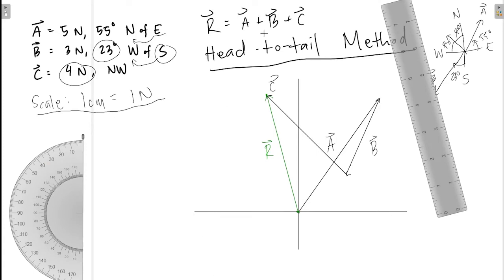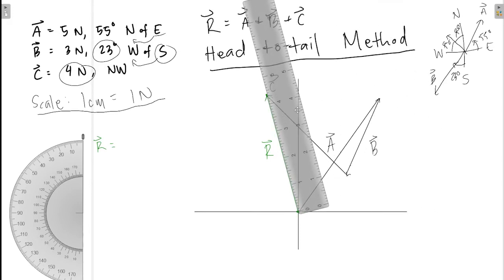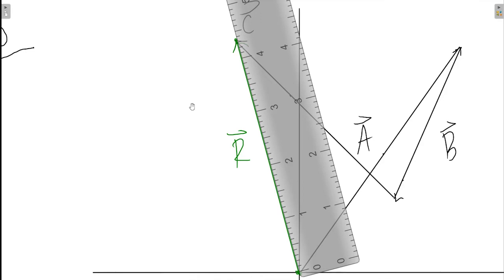Now, we want to write vector R in this form na meron tayong magnitude, meron tayong direction. So how do we do that? So vector R, let's write it here, is equal to, now first we need yung magnitude ng ating vector R. Now, to do that, we will use our ruler and measure yung length ng arrow representing our resultant. So, reading, gaano kahaba yun?